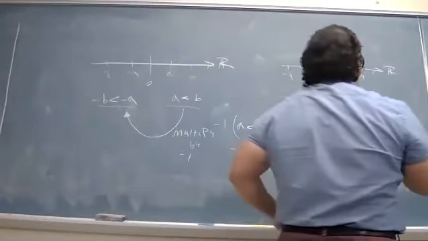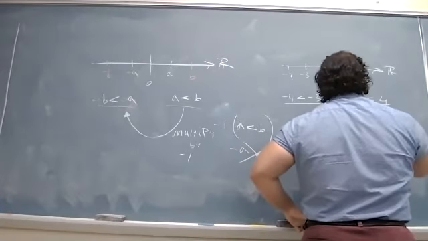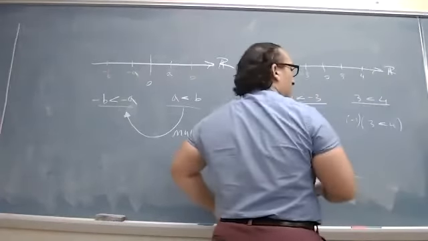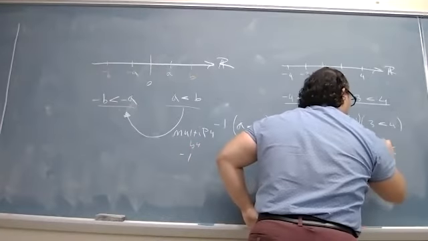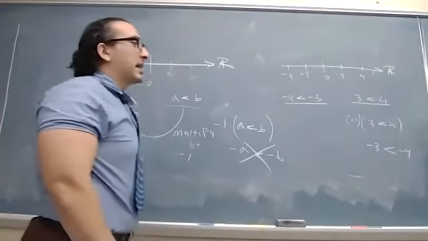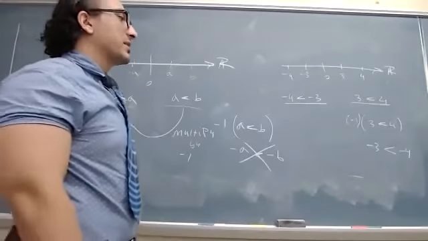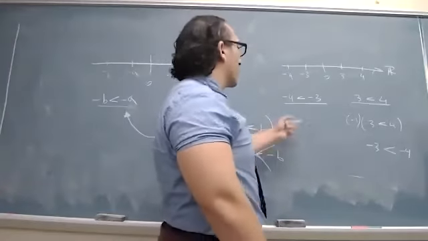Notice that if we multiply both sides by a negative number, like -1, and let's say we do not flip the sign, I just get -3 is less than -4. Is that true?